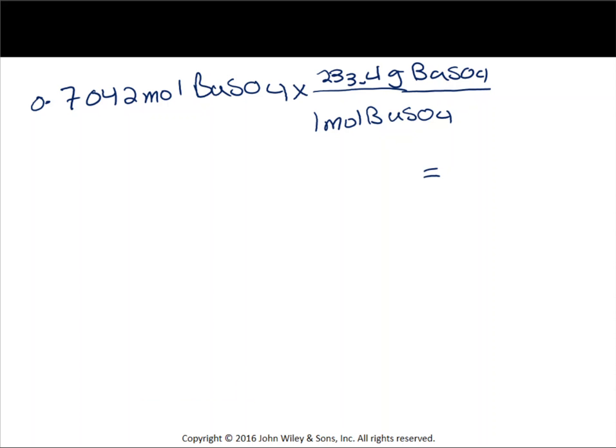So we would expect to get 164.4 grams of barium sulfate, which is our theoretical yield or the maximum amount of barium sulfate that can be produced.